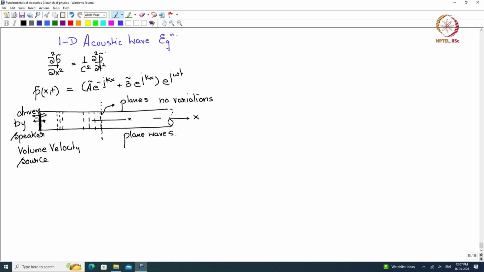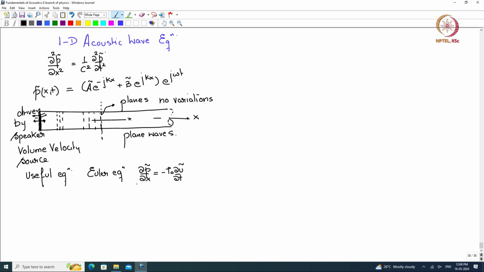Now a very useful equation for us is the Euler equation, which is del p tilde by del x equal to minus rho 0 del u tilde by del t.